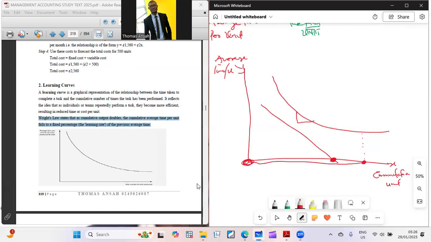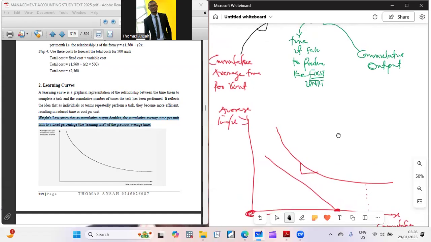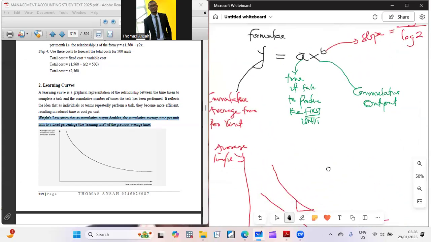You can't have an average time of 0. Nobody stops learning. You have to keep learning and learning, so the learning process doesn't end.